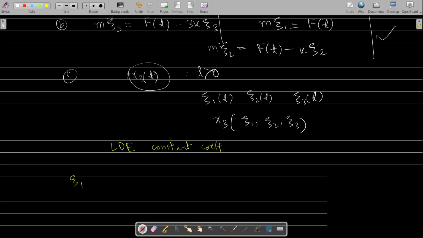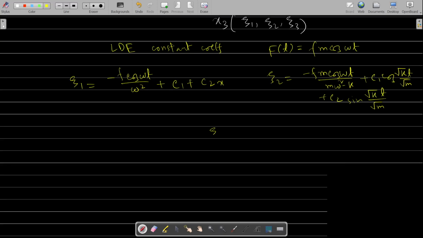They can find xi1 to be, remember, if the forcing term is f m cos of omega t, then xi1 would be minus f cos omega t by omega square plus c1 plus c2 t. Similarly, xi2 would be minus f m cos of omega t by omega square minus k plus c1 cosine of root k t divided by root m plus c2 sine root k t divided by root m.